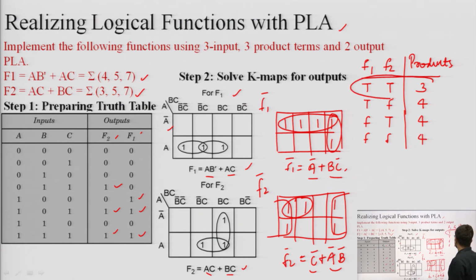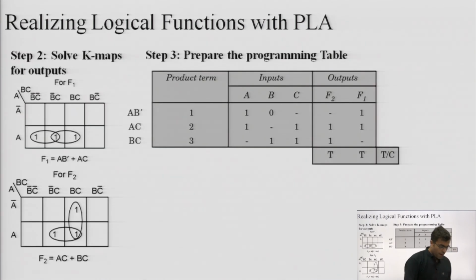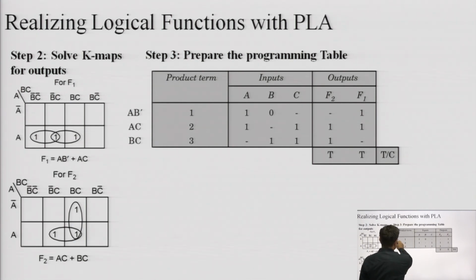So the true-form arrangement is giving me the minimum number of products. That means F1 and F2 are to be used in their true form. If any other combination had given me the minimum number of products, I would have preferred that. So I have chosen 3 products: AB bar, AC, BC.